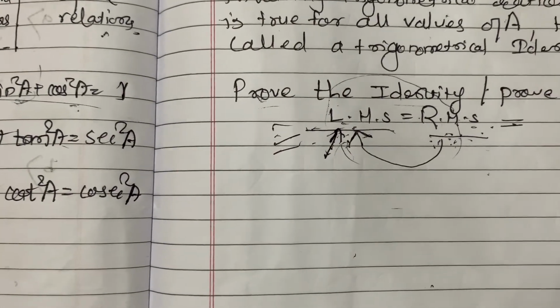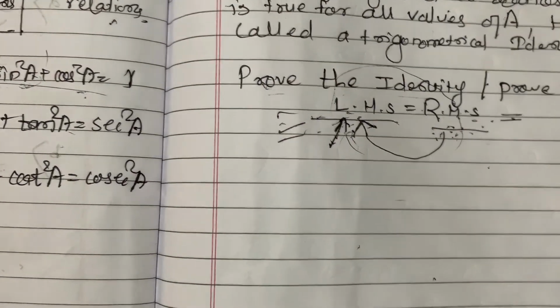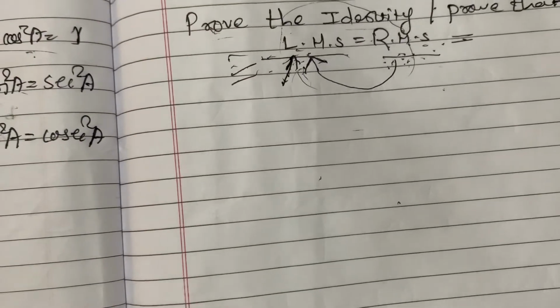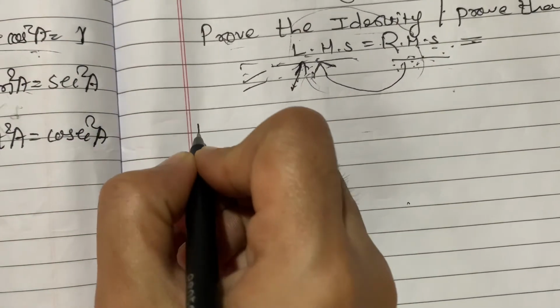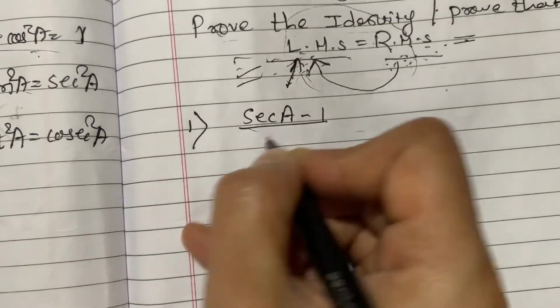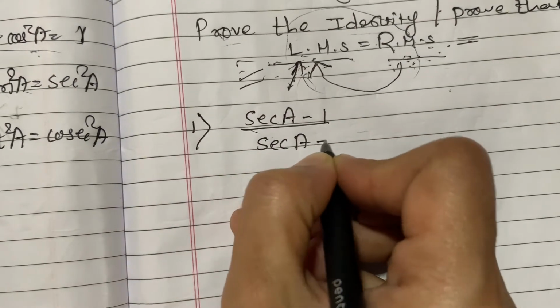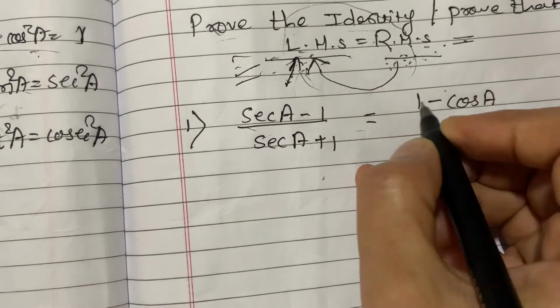So in this way you can solve the examples. So first let's consider the first example. We have to prove the identity. The first identity is sec A minus 1 upon sec A plus 1 is equal to 1 minus cos A upon 1 plus cos A.